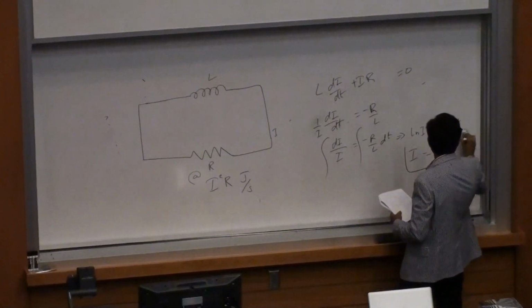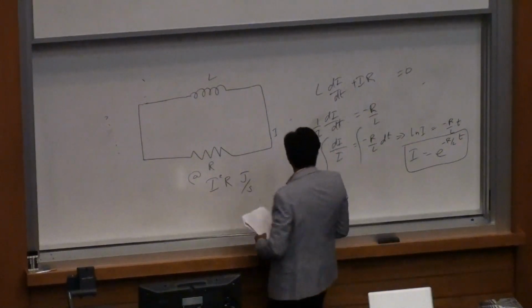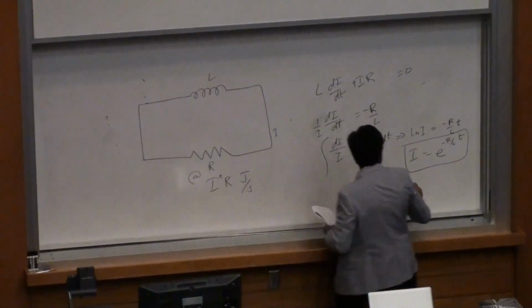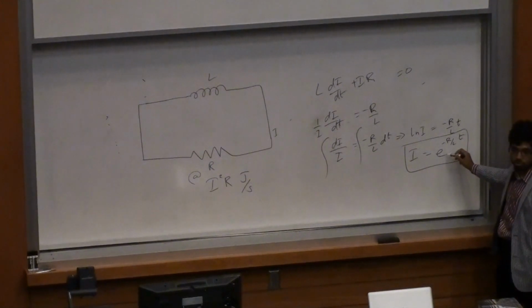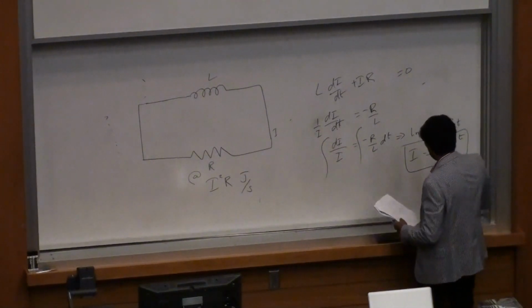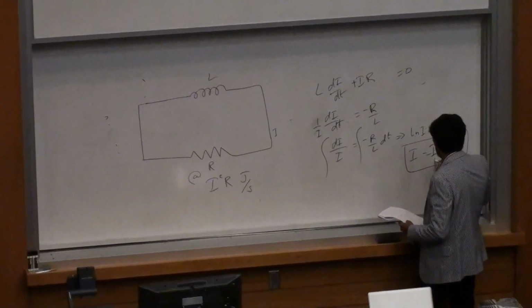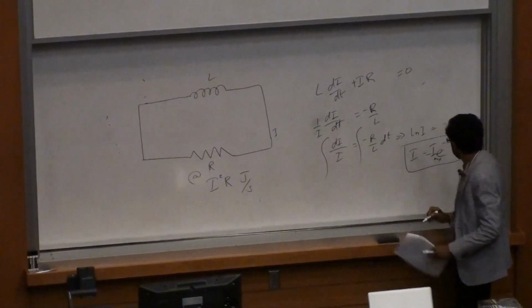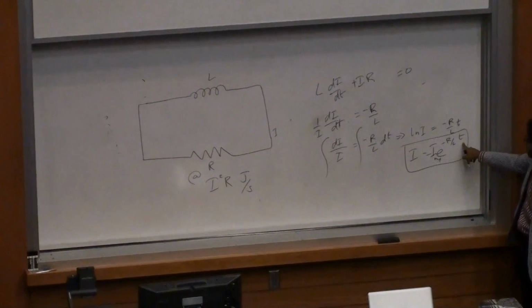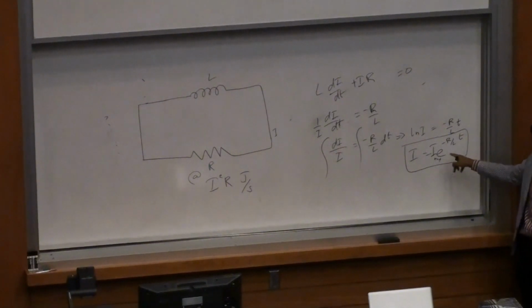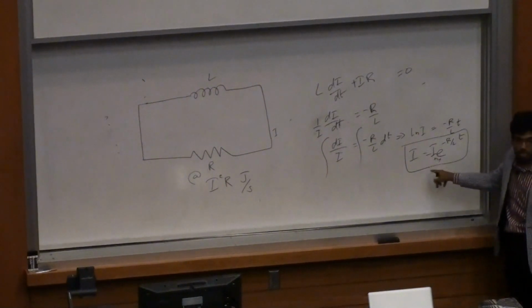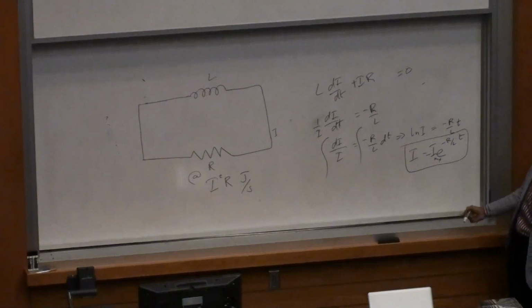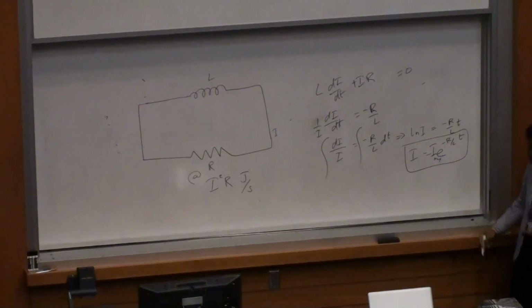So this is my current behavior now. And I know my initial condition is that t is 0. I forgot my coefficient here; I would have I max. So when t is 0, this term becomes 1, so I get I equals I max, which is what I was assuming would happen.